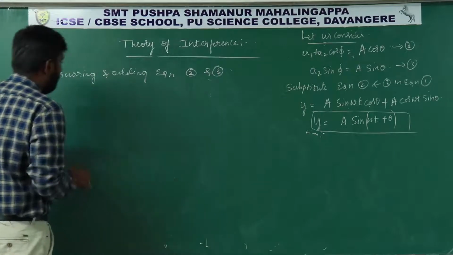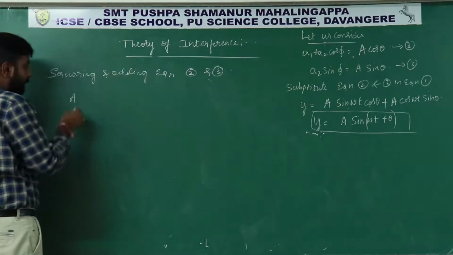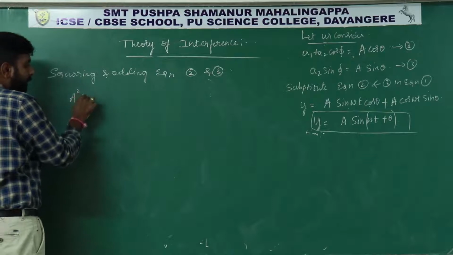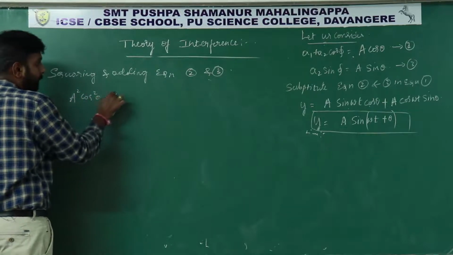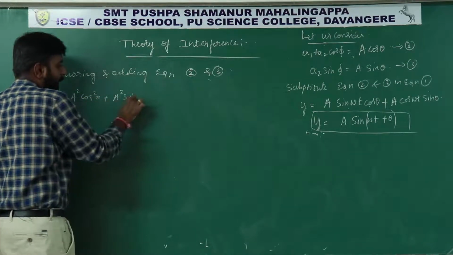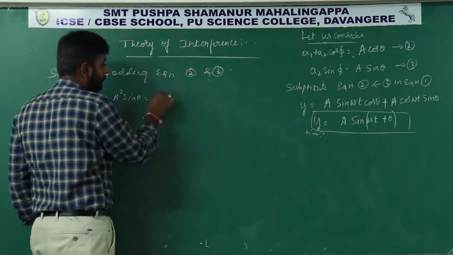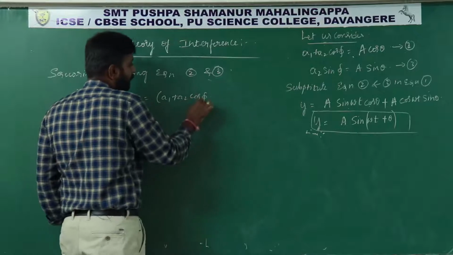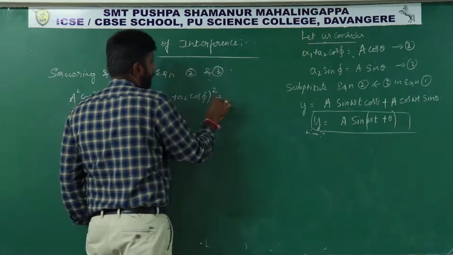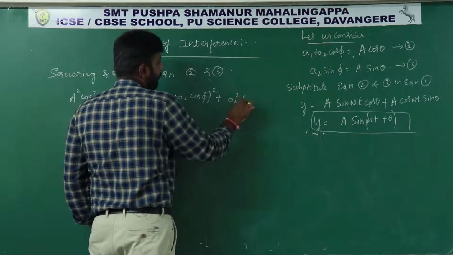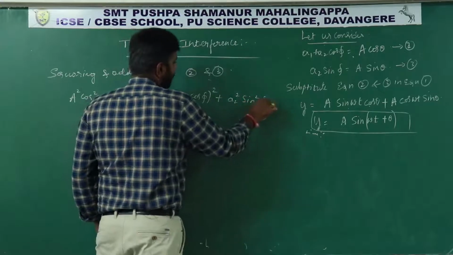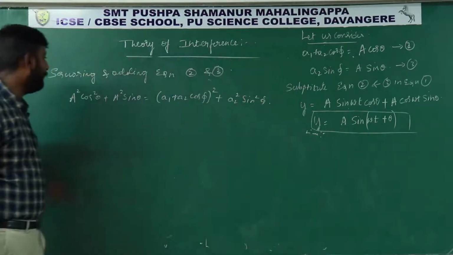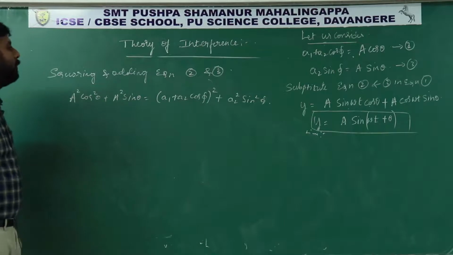Then on the right-hand side you will get A² cos²θ plus A² sin²θ equals (A1 + A2 cos φ)² plus A2² sin²φ. So I am squaring and adding equations 2 and 3.